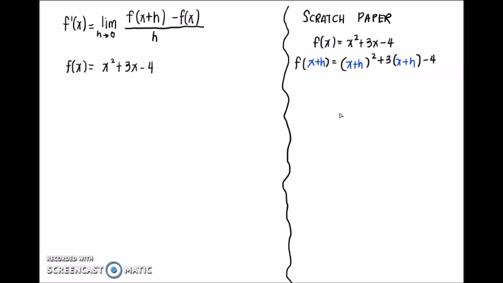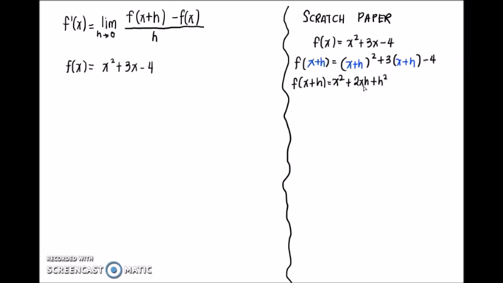Okay. Afterwards, we will have to simplify that. So, f of x plus h is equal to x plus h squared means that we will have to apply FOIL method or the square of a binomial. So, what we do is we square the x, so x squared plus, so multiply natin x times h times x, so that will give us 2xh plus h squared.